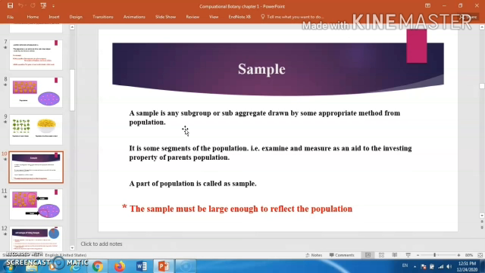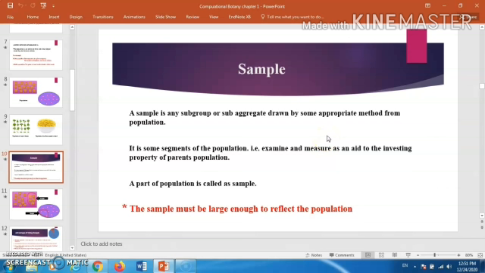The sample means, show me some sample. When you go to any sweet mart and select one type of mithai, obviously you would like to check the taste. After that you decide if it is good or not, like this. So it is called a sample.